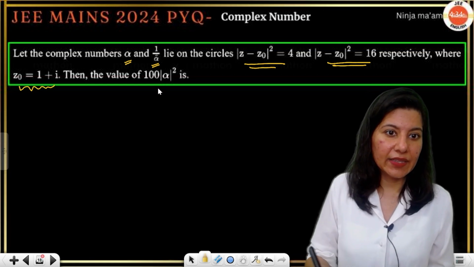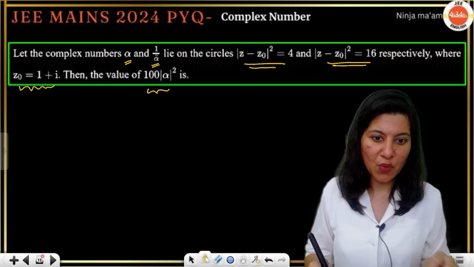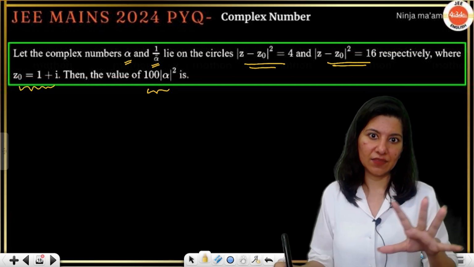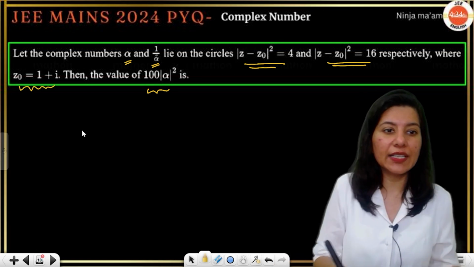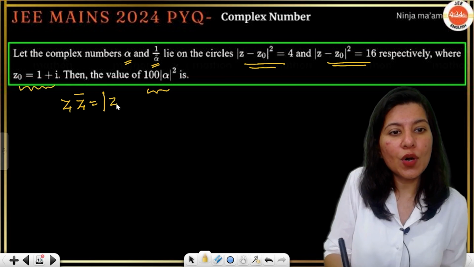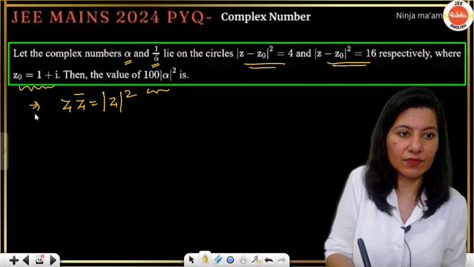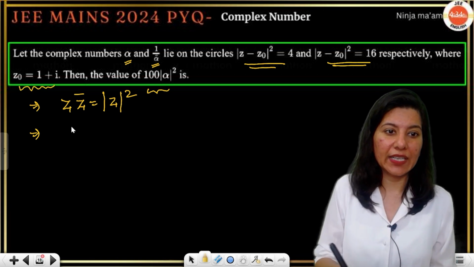Then we are looking for the value of 100 alpha square. So there is a technique. In this question, I'm going to use one technique and one very important identity, which is z bar times z equals mod z square.